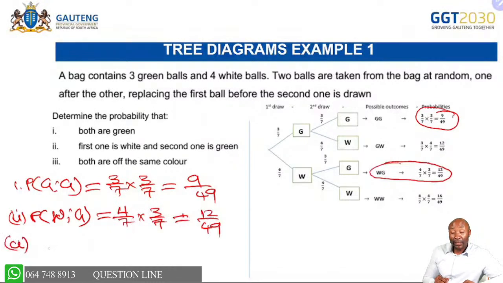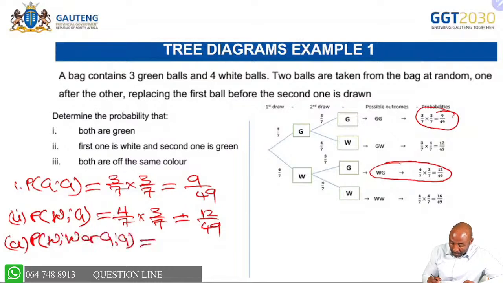Both are of the same color. Remember now, for same color, we want the probability of white, white, or it can be green, green. Looking at that, it means it can either be this or that. So we are going to add the two probabilities.